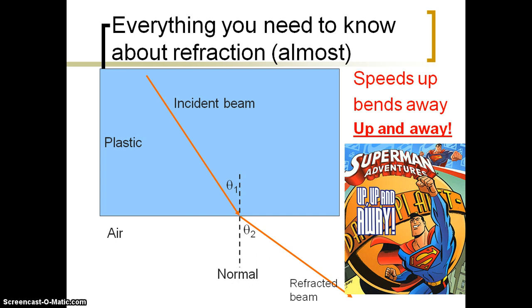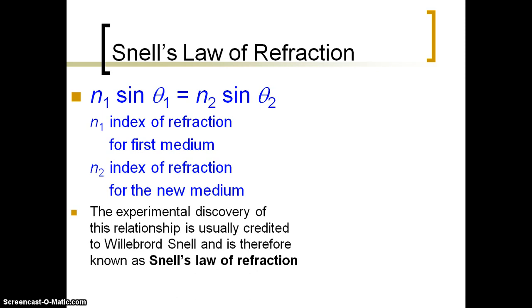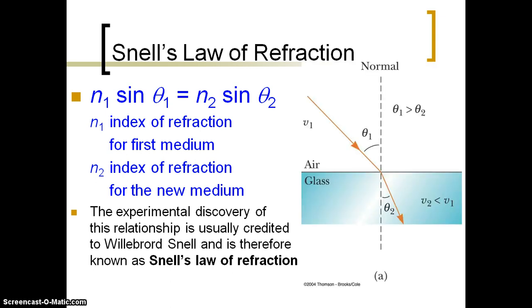So all that's fine, but this is a conceptual understanding. What about an actual number? How can we predict the exact path it would follow? We use Snell's law. It was experimentally discovered by Willebrord Snell, and so this is why it was named after him.